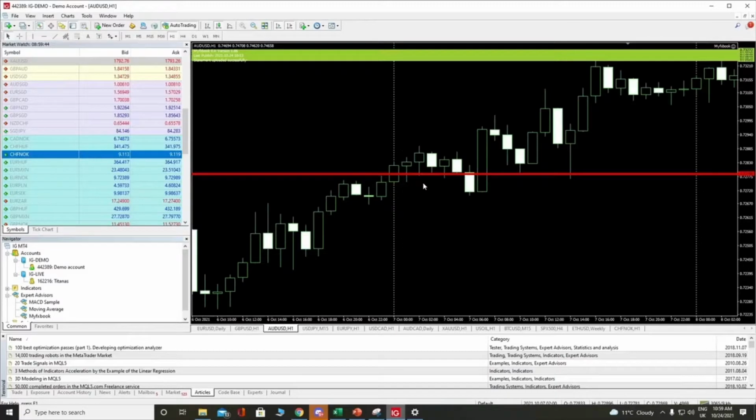Most of these candlesticks, at least all of them, if you read a bit more and do your own research on the topic, you'll find are referring to the daily.